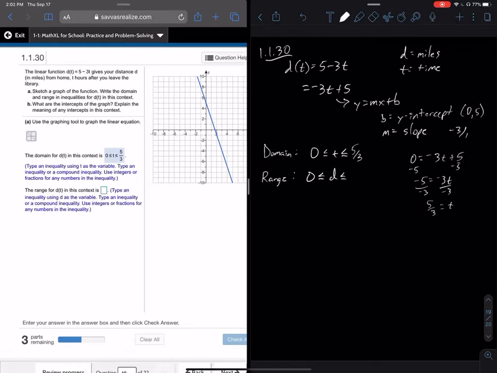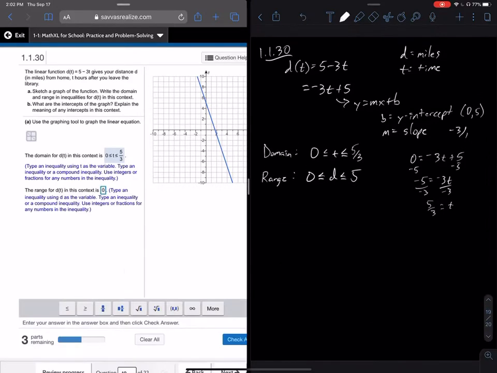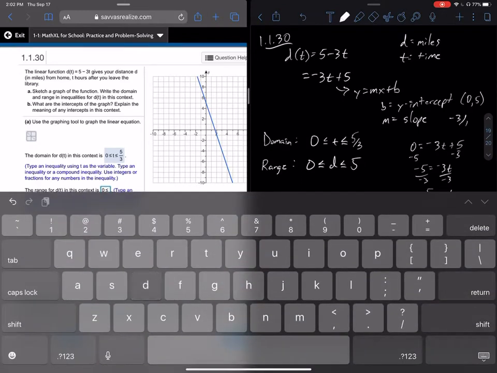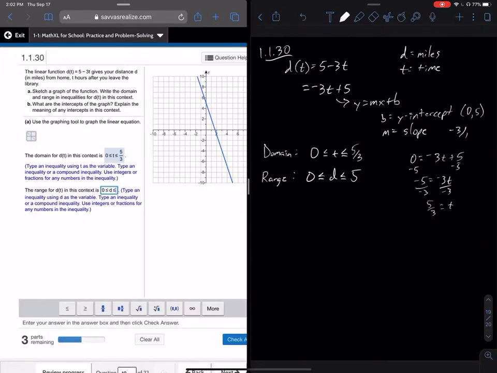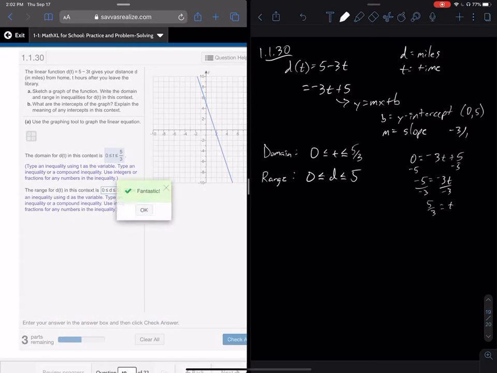Well, the highest y value that's still positive is going to be 5. So my range, again, you're looking at your graph, my y values go from 0 to 5. So we'll check our answer.